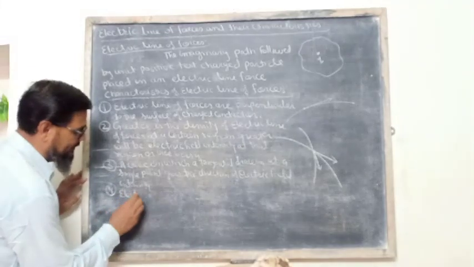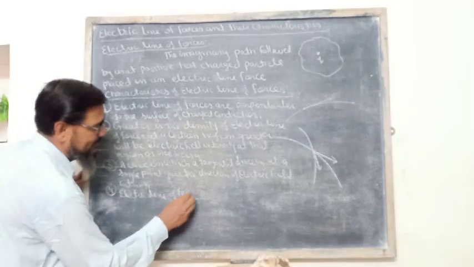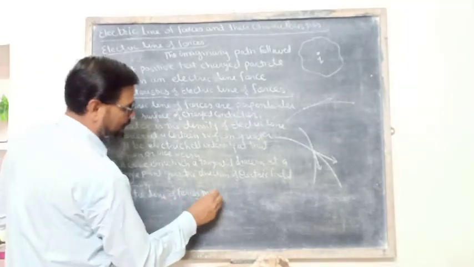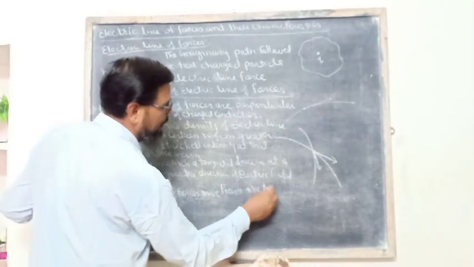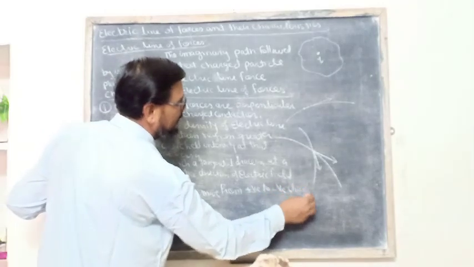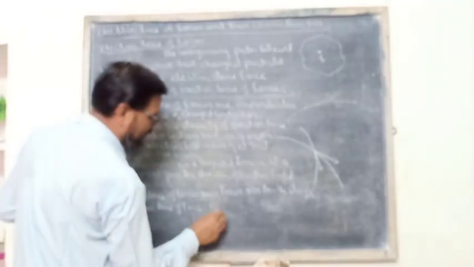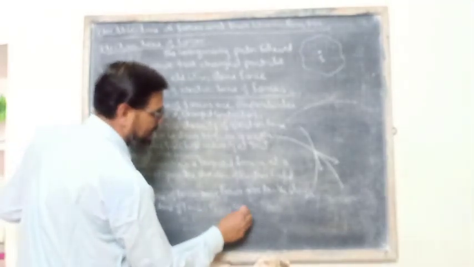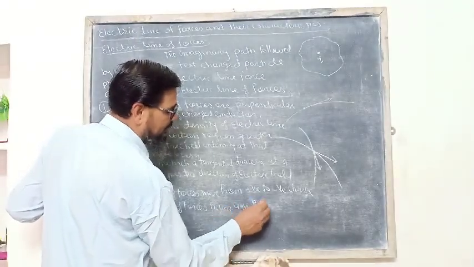Electric lines of force move from positive to negative charge. And the last and fifth characteristic, electric lines of force never cross each other.